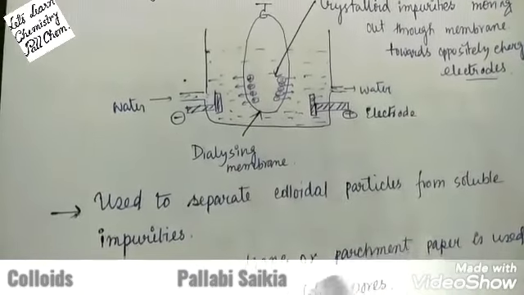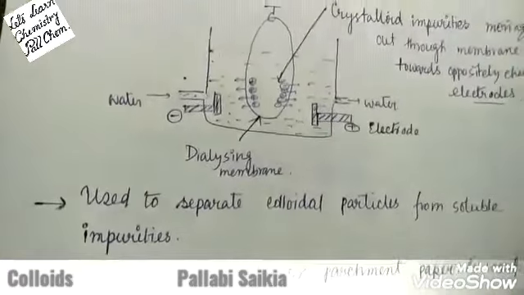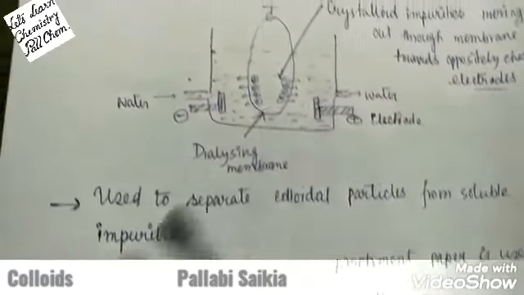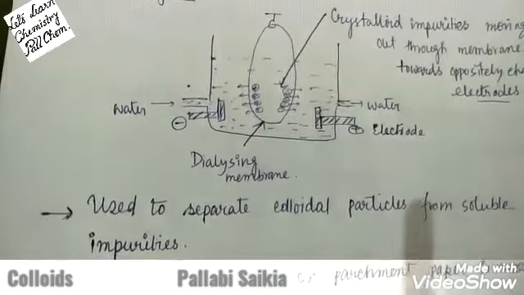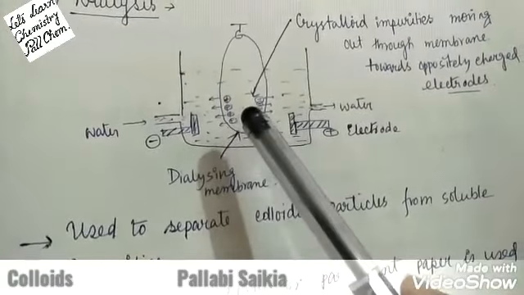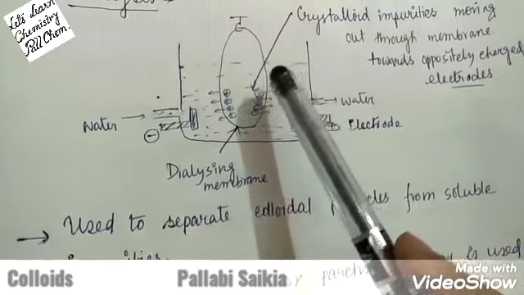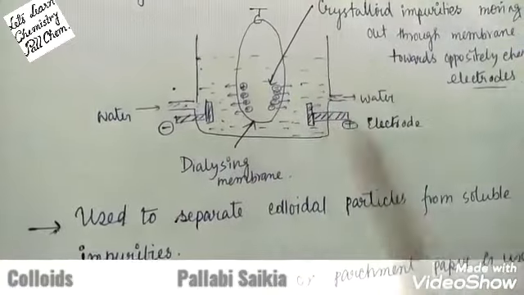Animal membrane and parchment paper are used, which have very fine pores, and these fine pores permit the electrolytes which have small size, but do not allow the colloidal particles to pass through the membrane to the outside.